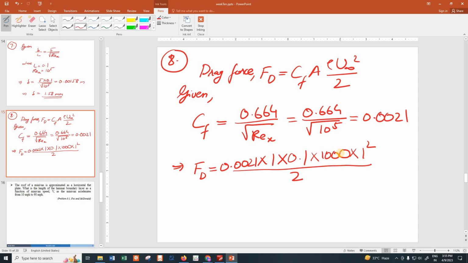So basically 1000 times 0.0021 times the area is equal to the drag force. So this is the solution of question number 8.